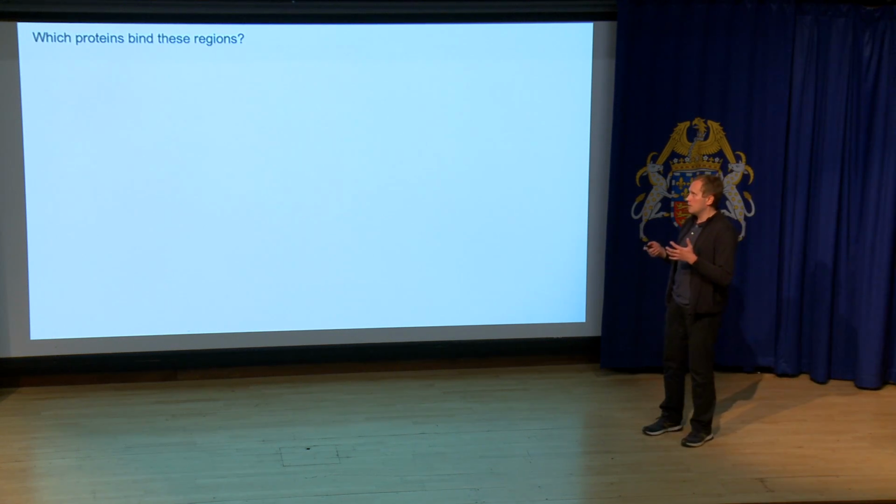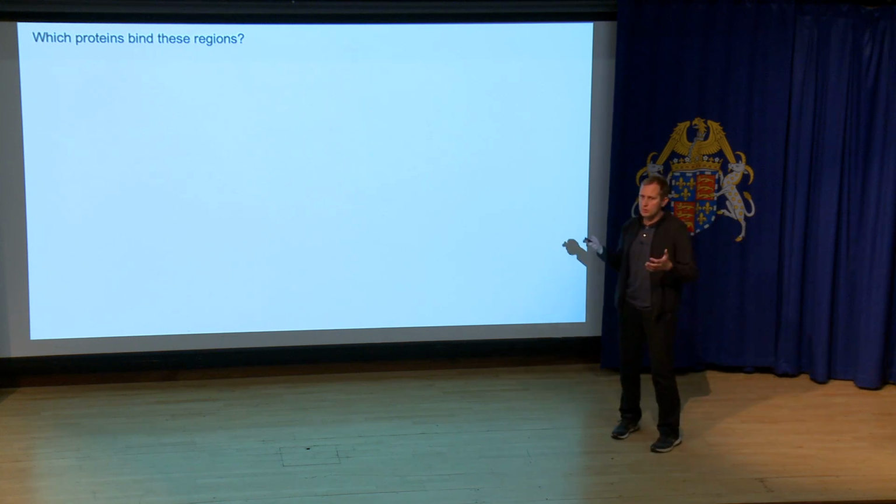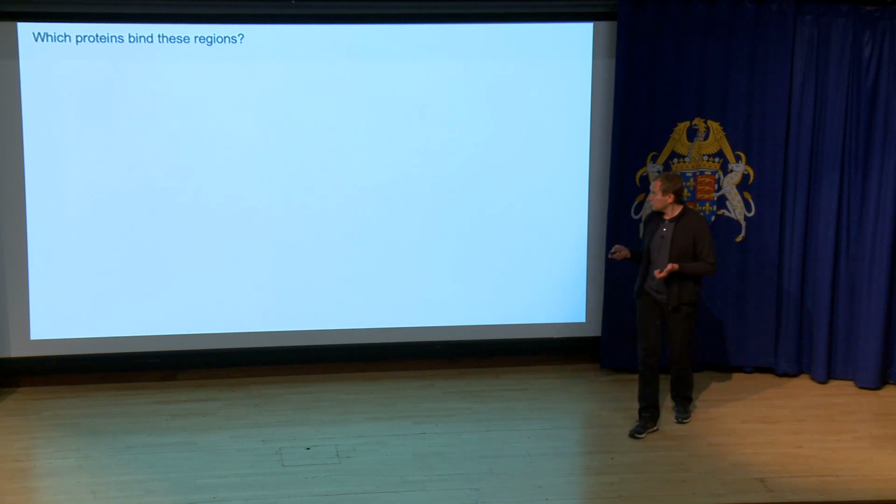And then I asked the question, so what contributes to them? What opens them? What kind of proteins are bound to these regions? Unfortunately, we work with zebrafish, where the data is very sparse compared to human and mouse. So I had to do predictions.